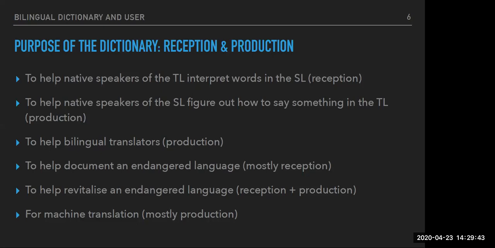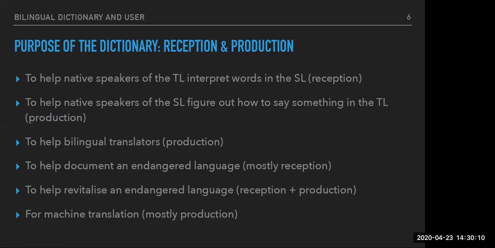They might know the word in, say, a majority language. So they would want to look up the word in the majority language and learn the word in their native language, assuming that's the endangered language. Then they would also want to produce text or speech in the endangered language, so it's also production oriented.